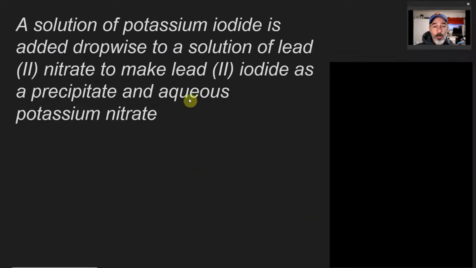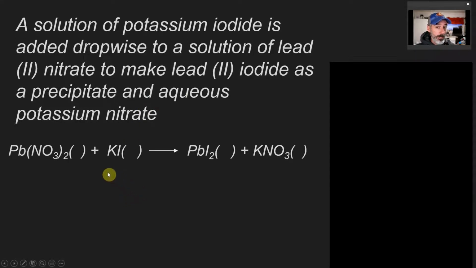Now you can see in this reaction why chemists like to use chemical equations or chemical reactions, because writing it out takes so long. And yes, the chemical equation looks a little bit big, but at least it fits on one line. Now I did not put the state symbols in here, so let's see if we can put some state symbols in here. It says a solution of potassium iodide. All right, it's a solution.